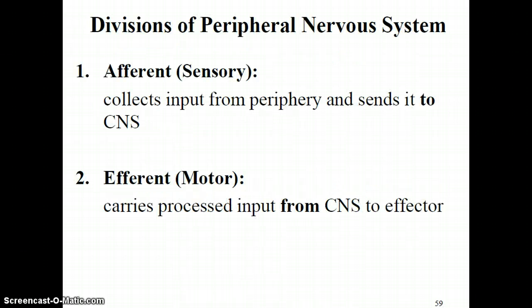I'm not going to belabor you with memorizing all of the spinal nerves, but rather some more general information to understand that afferent means bringing input from the peripheral nervous system to the central nervous system, and this is sensory information. Tells the central nervous system what is happening in our environment. Efferent means information traveling away from the central nervous system. This is motor information. The information is carried from the central nervous system to an effector, such as a muscle.